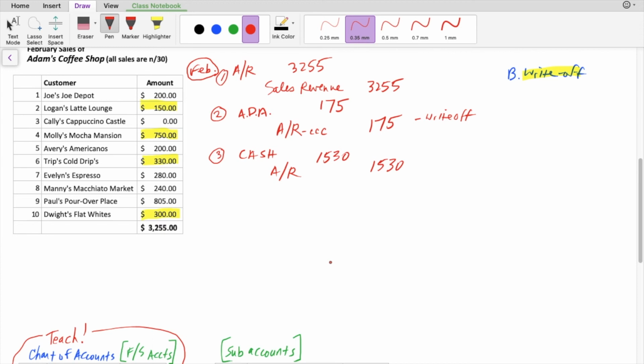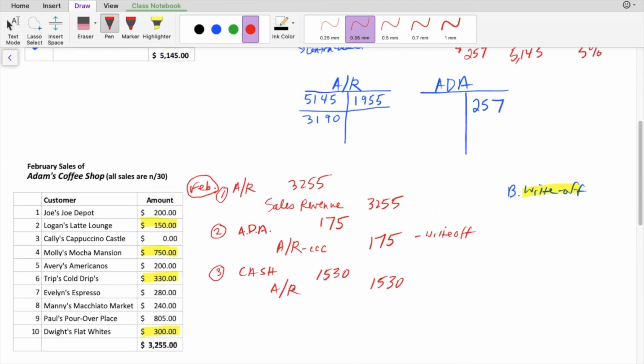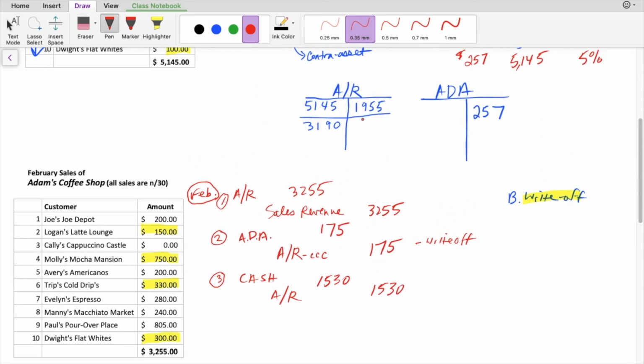$1,530. So if I go back up to my accounts, what's happened? My account receivable balance was $3,190. It went up $3,255 for February, but it went down $175 when I wrote off my account for Callie's Cappuccino Castle, and it went down $1,530 from collecting cash from my customers. So by the end of February, this was January's balance. By the end of February, where am I at?